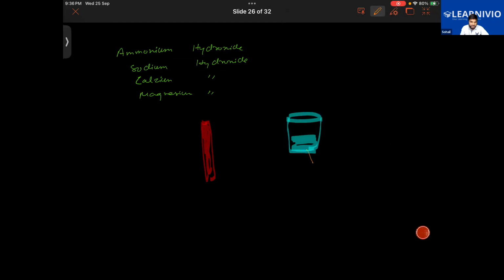What would you observe? Will the color of the turmeric paper change from yellow to blue, yellow to green, yellow to red, or yellow to magenta? From yellow, will it change to red, to magenta, to pink, or to green?